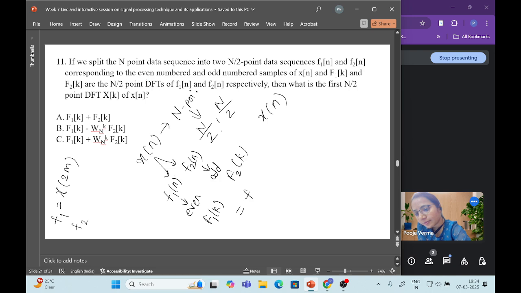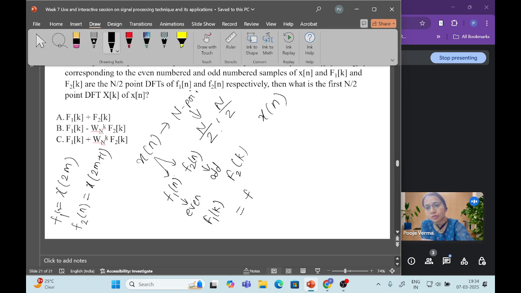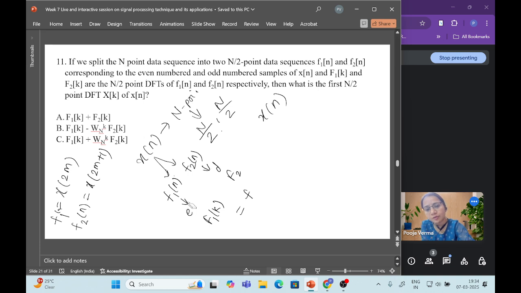And f2(n) is the odd-numbered, so we can write x(2m plus 1), right? And it is 1 by 2. So just I'm removing it from here so that I can write.